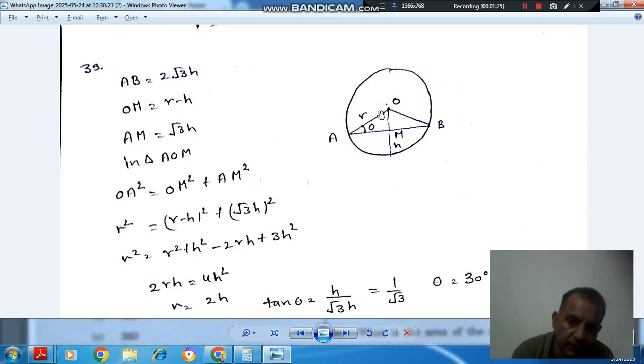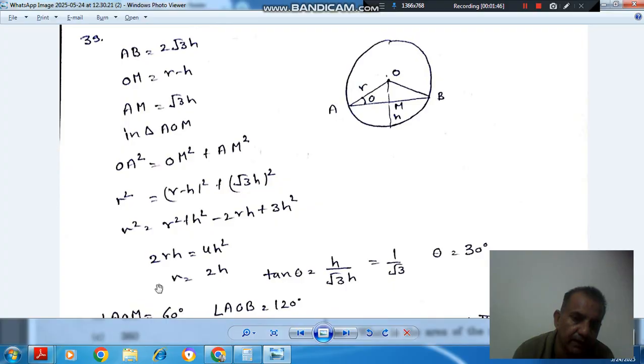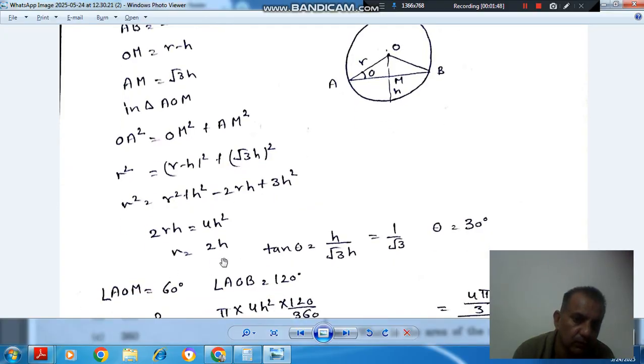Now in triangle AOM, we have OA square equal to OM square plus AM square. OM is R minus H and AM is root 3 h. From this we get R equal to 2h because OA is R.